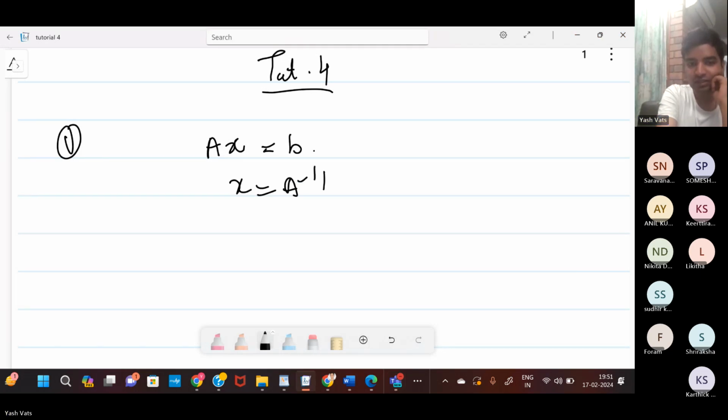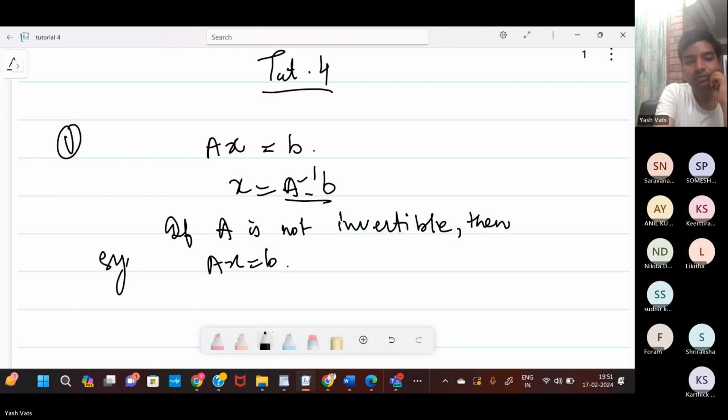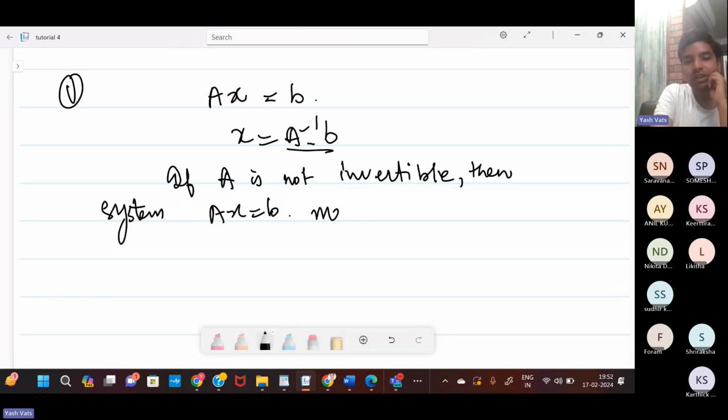But if A is not invertible, then the AX equal B system may not have one. Can you give me an example of this?